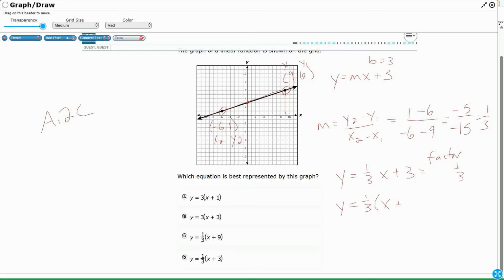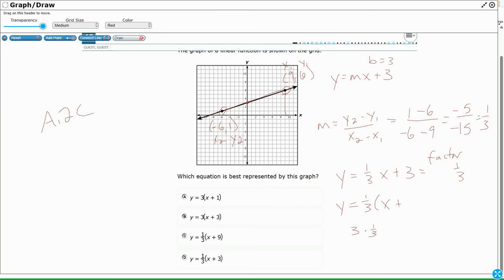X plus, if I take a 1/3 out of my 3, 1/3 times what makes 3?